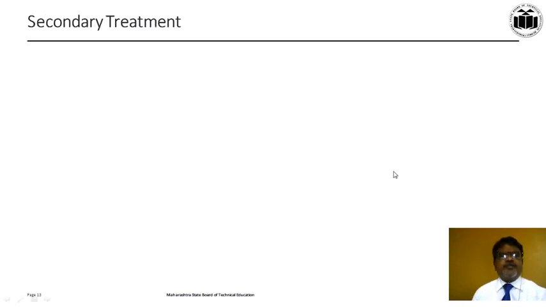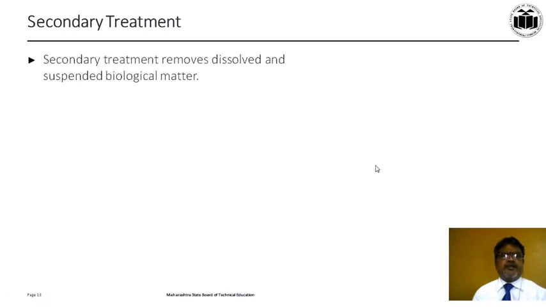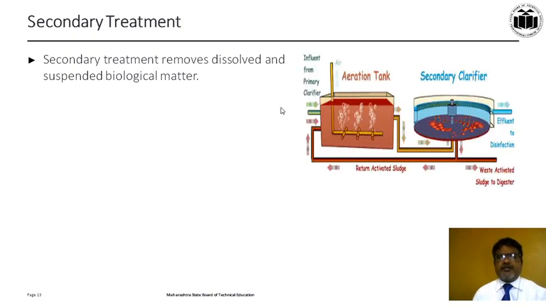Now we have to study about secondary treatment. Secondary treatment removes dissolved and suspended biological matters which are present in sewage. So this secondary treatment includes aeration and secondary settling tank.